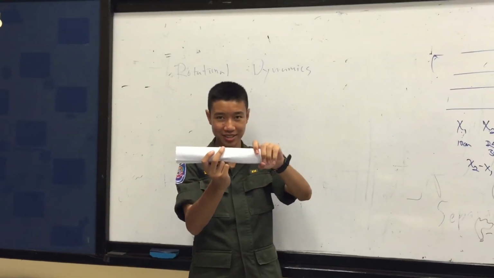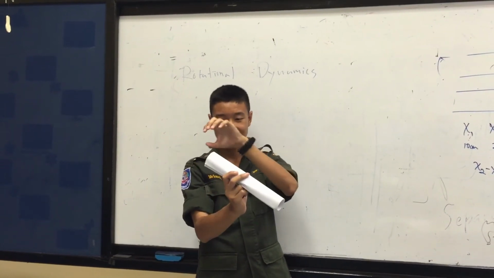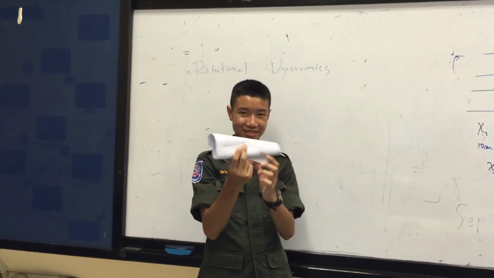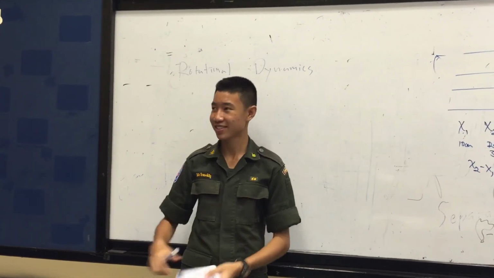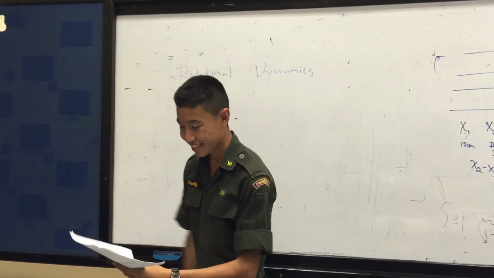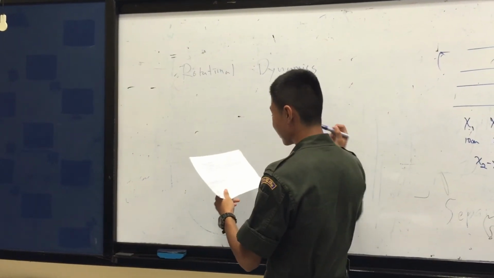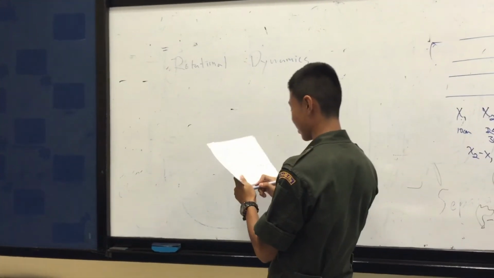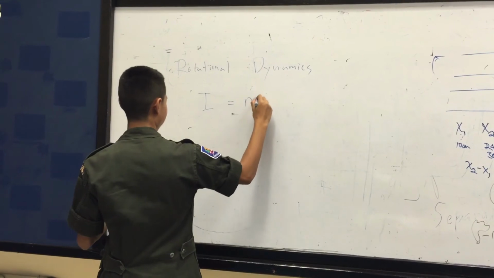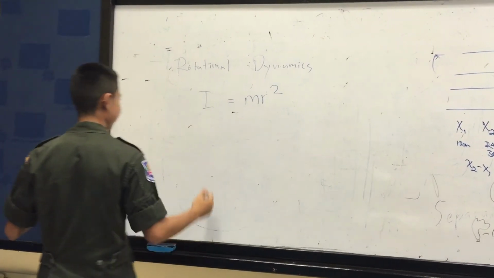We have a mass here and a mass here, and we rotate this, which is rotational dynamics. The formula given is I equals m r squared.